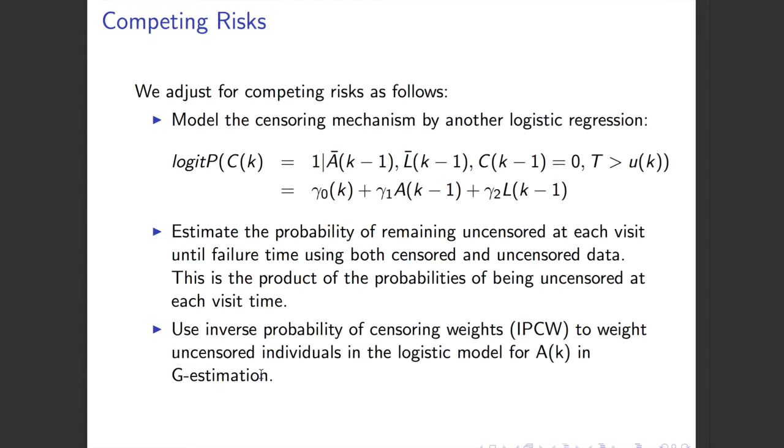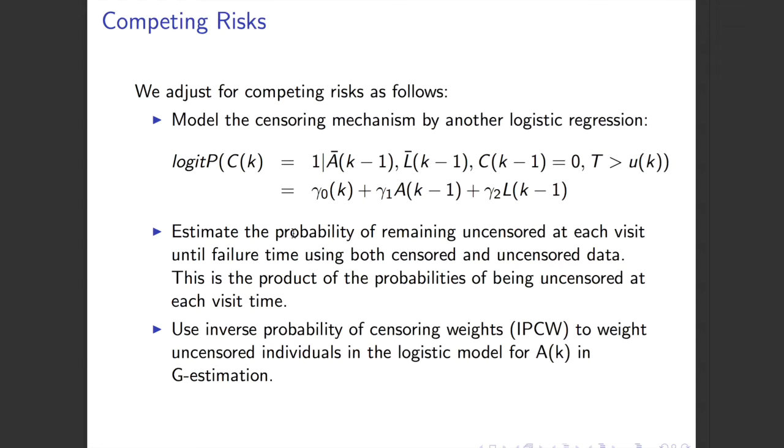To deal with competing risk, we actually put a model on it, because at each visit, people have some probability of being censored by competing risk. So we fit another logistic regression to model the probability that you're censored at each visit. For simplicity, we could just assume that given your history, and that you're still uncensored at this time, the probability you're censored right now is just a function of your last covariate and treatment.